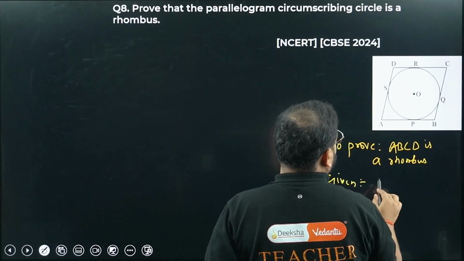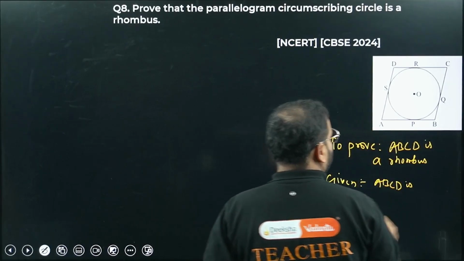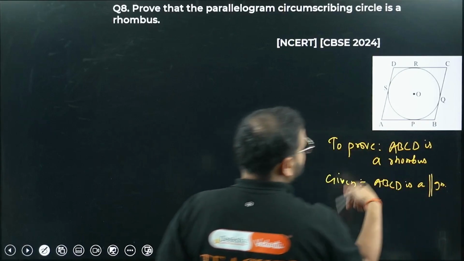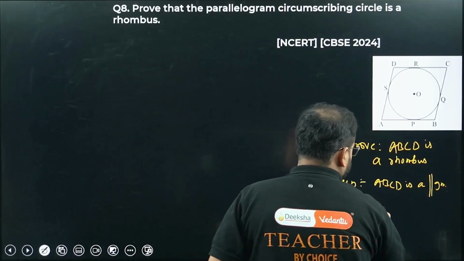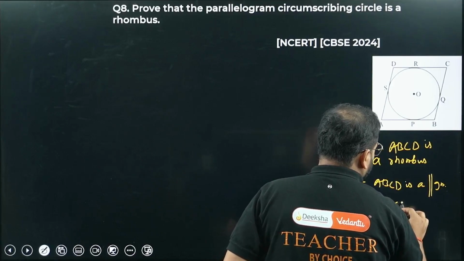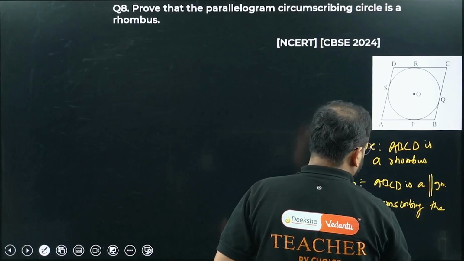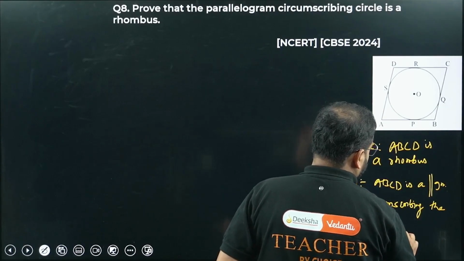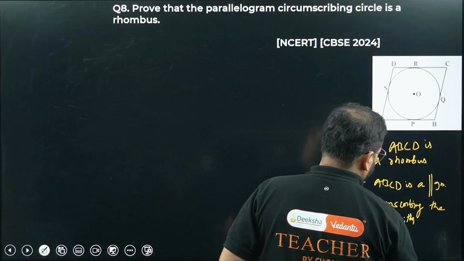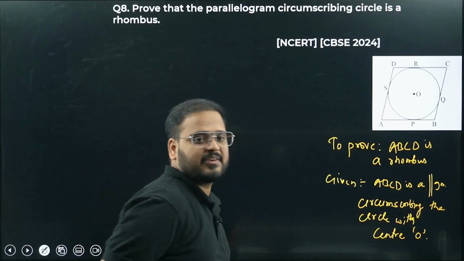They have given that ABCD is a parallelogram circumscribing the circle with center O. This is a given statement.